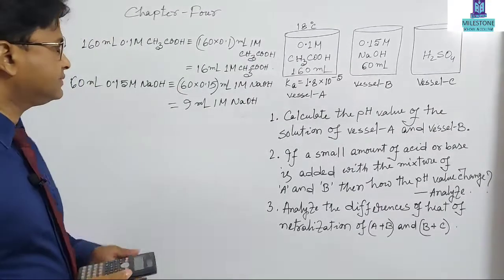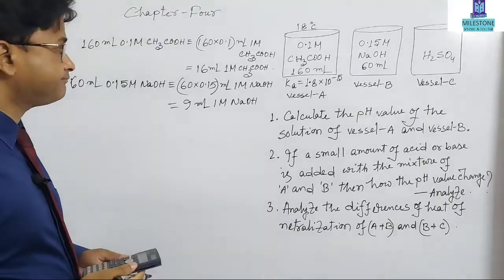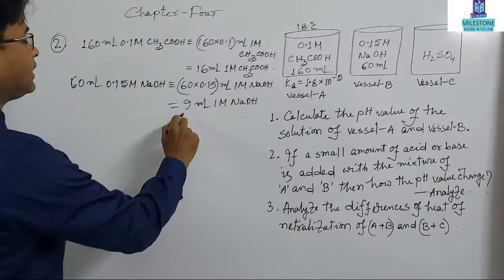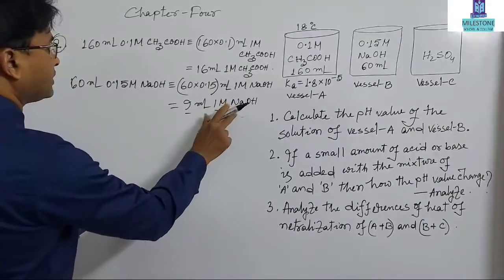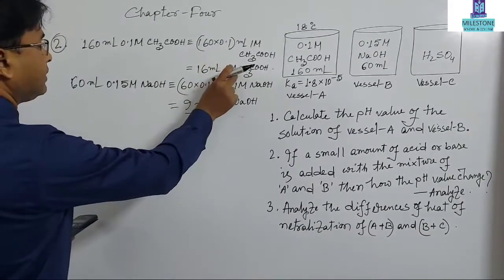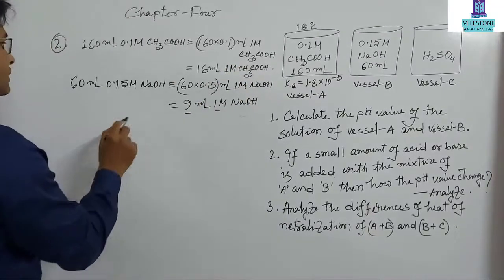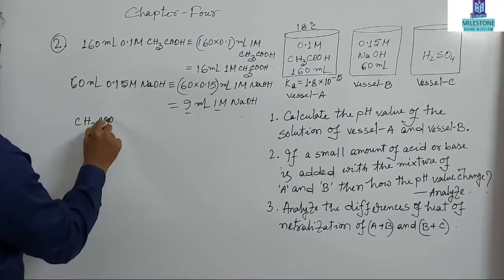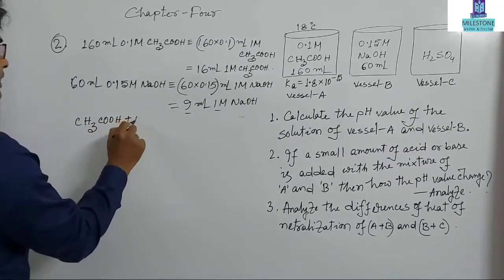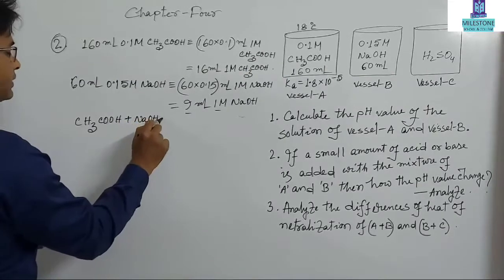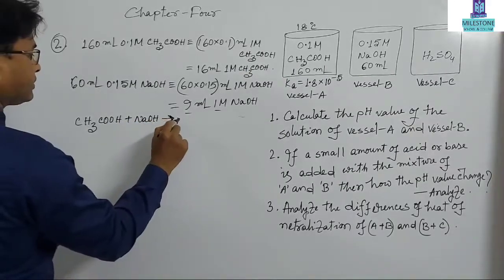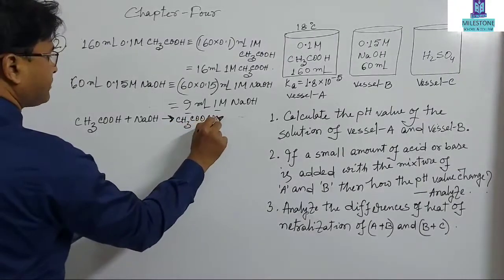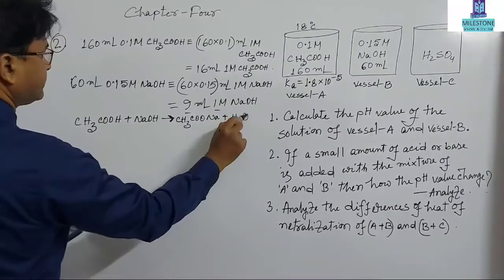Okay, students, from this calculation I can say that 9 ml 1 molar sodium hydroxide reacts with 9 ml 1 molar acetic acid. So first I have to write the reaction. Acetic acid plus sodium hydroxide is equal to sodium acetate plus water.